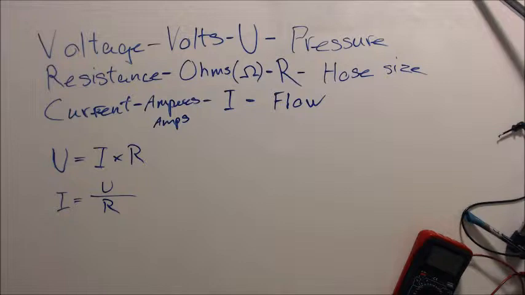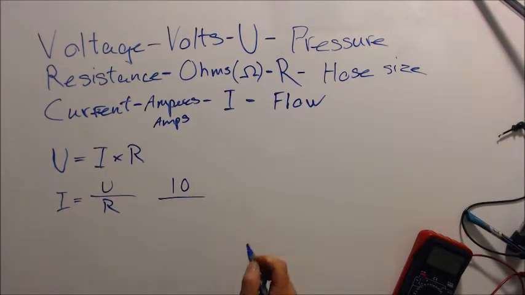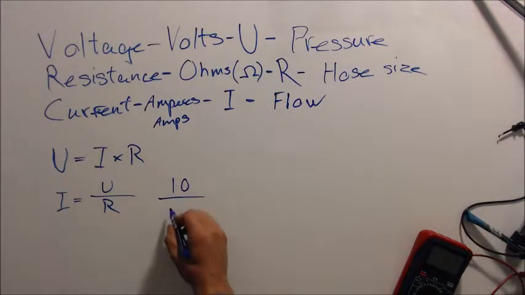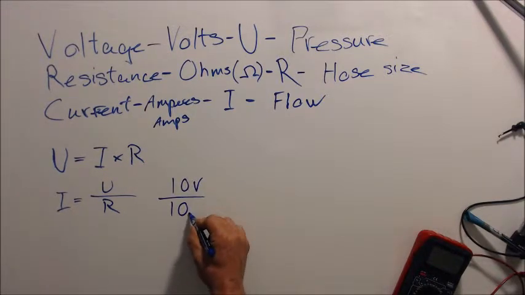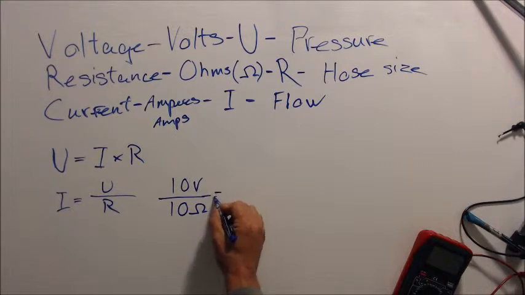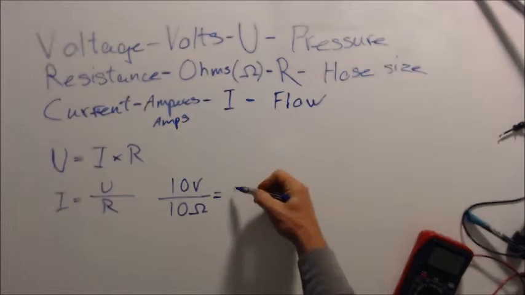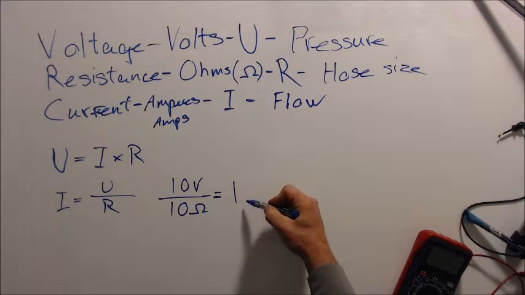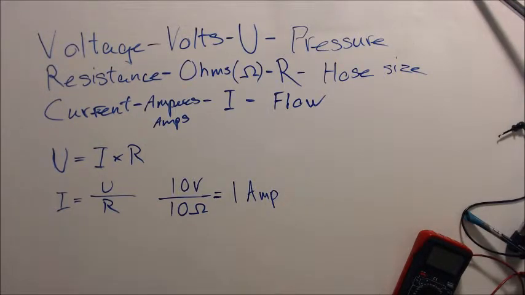So let's say that we have 10 volts and 10 ohms. That divided gives 1. So we're going to have 1 amp on this circuit.